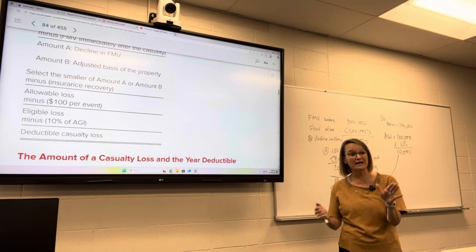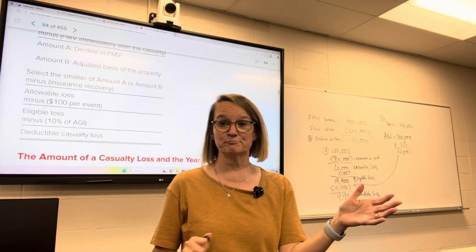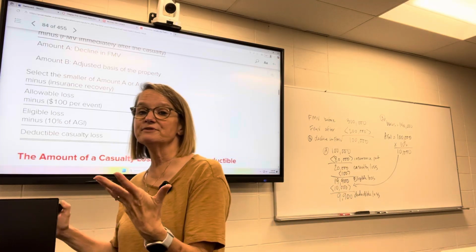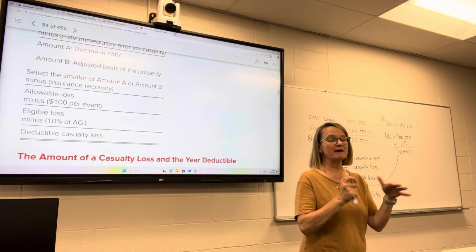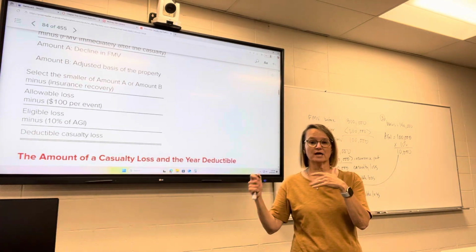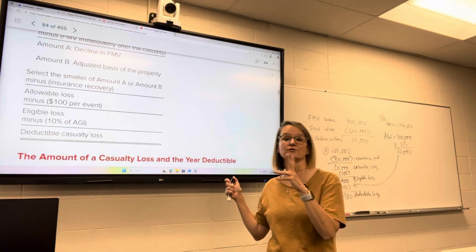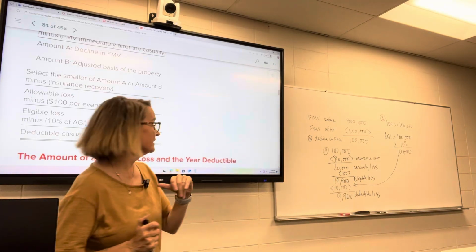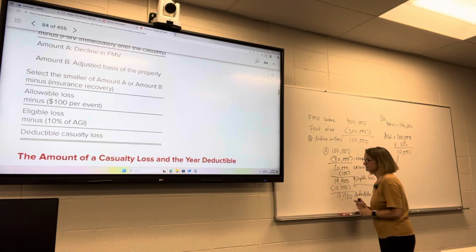So it's kind of like the medical expense deduction, but it's 10% instead of 7.5%. Remember, when we talked about medical expenses, the amount that was deductible was the amount over 7.5% of AGI. Now it's the amount that is over 10% of AGI that is deductible for our casualty loss.